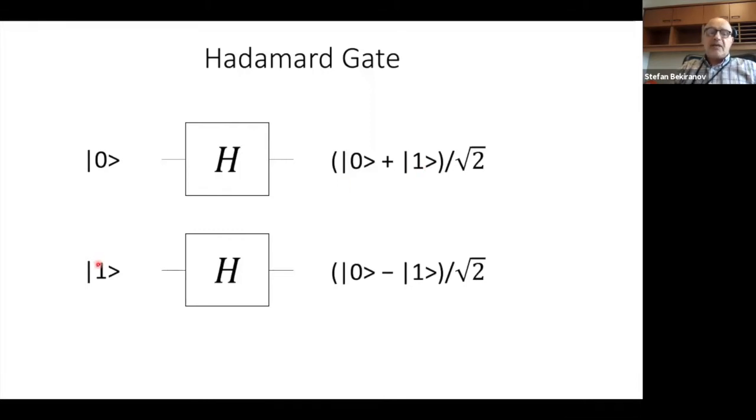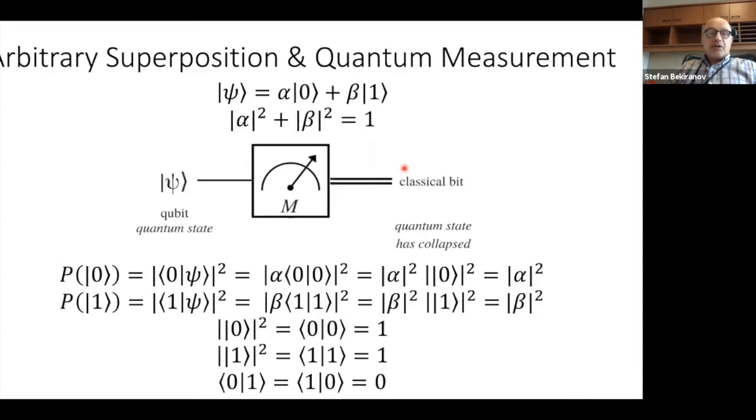Now, what the Hadamard gate does to the qubit state 1 is it creates a superposition, but with a minus sign. And this has differences, even though the probability of measuring state 0 and state 1 is still 1/2. This behaves differently than the above state. Okay? Any questions? All right. So now I'm going to go to an arbitrary superposition.